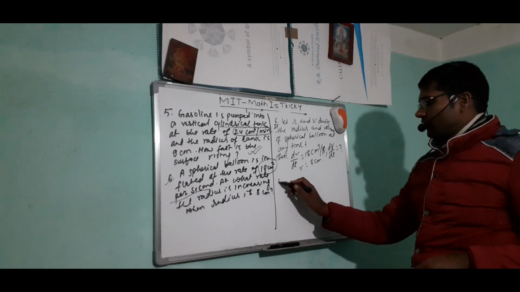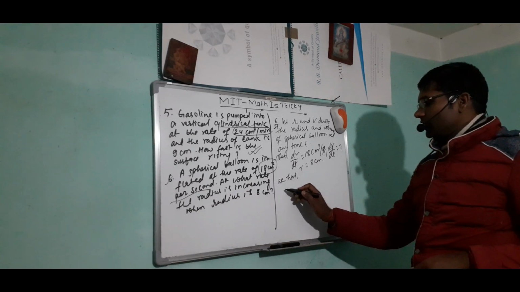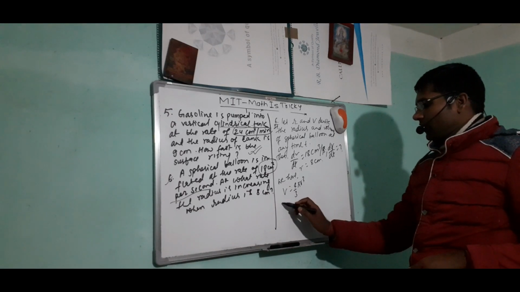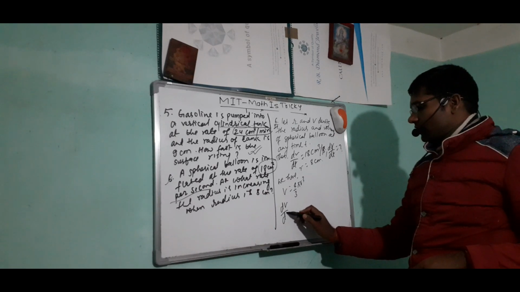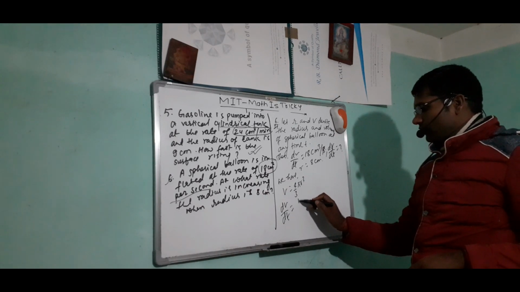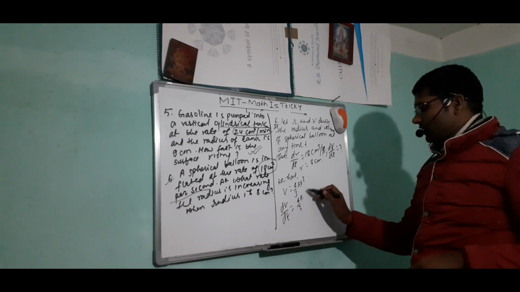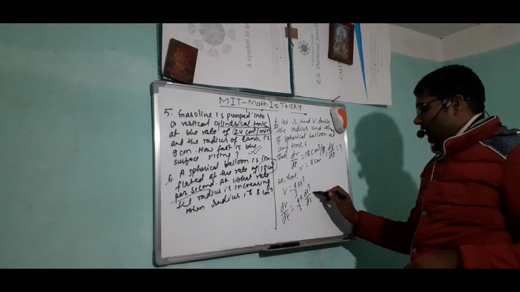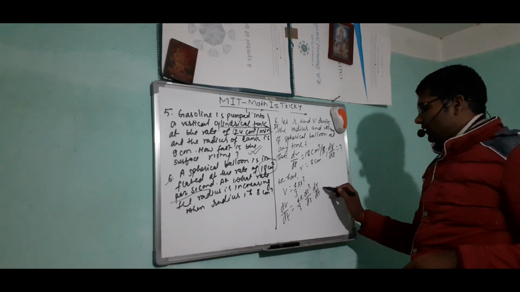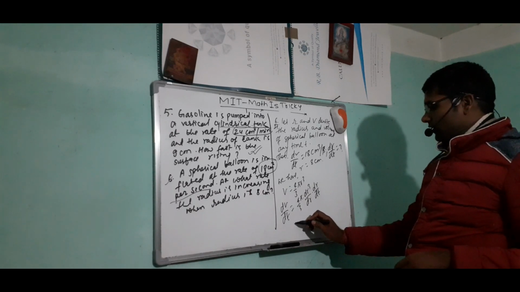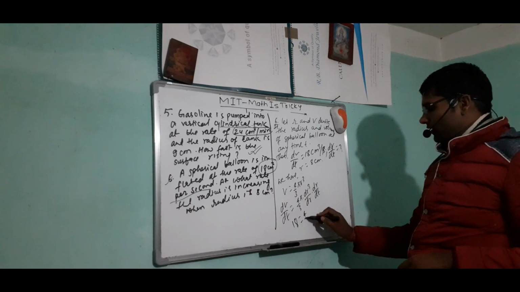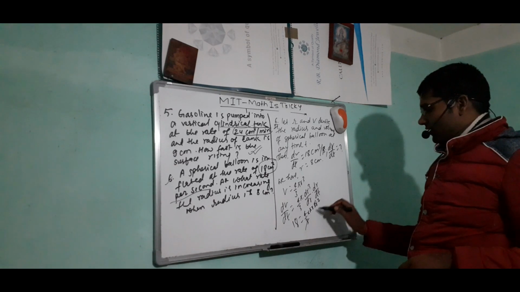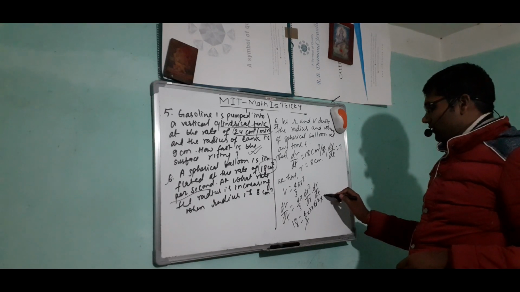Okay, so we can start like this. V equals 4 by 3 pi r cube. Remember the formula. It gets dV by dt equals, just differentiate this: 4 by 3 pi is constant, and differentiating r cube with respect to r, dr cube by dr, into dr by dt. So we are given 18 equals 4 by 3 pi, it is 3 r square, the 3 and 3 cancel, r square and r dash.